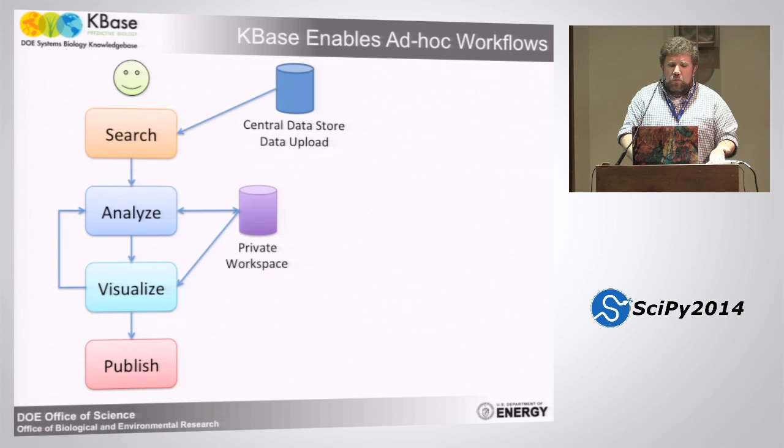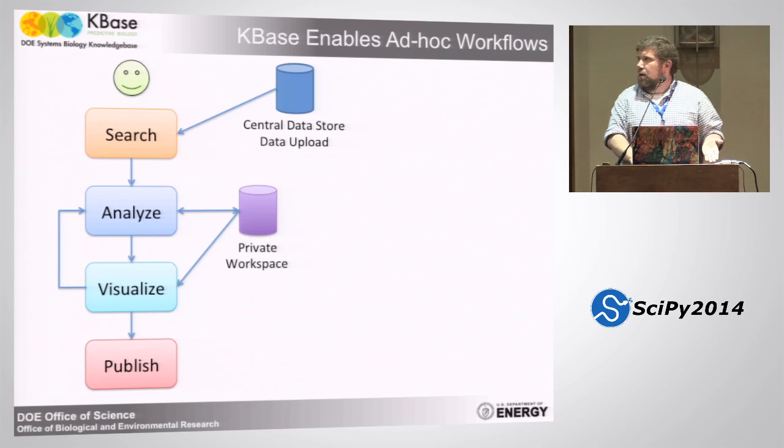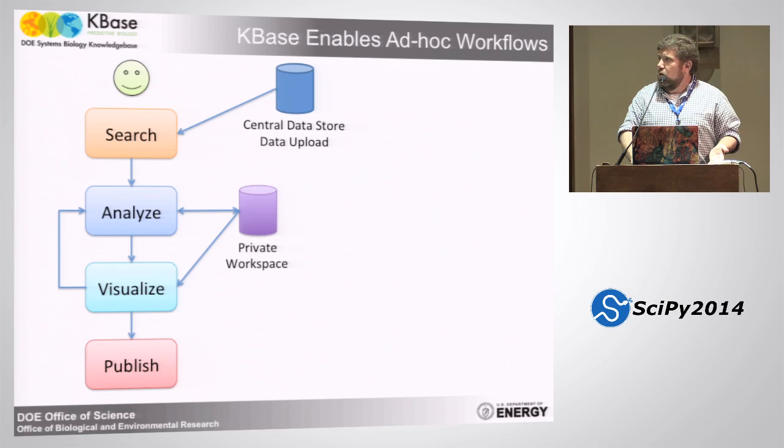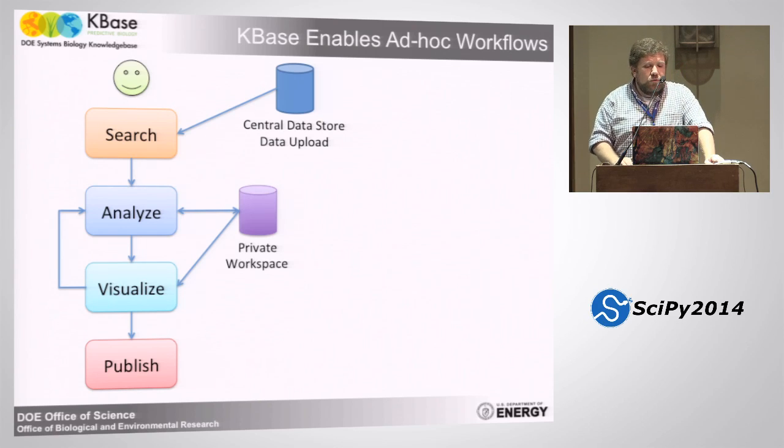So how do we do that? KBase enables ad hoc kinds of workflows. So if we have a single user doing a single pretty linear workflow, you might search for data, particular data, say sets of genomes and so on, from our central data store, public data stores, or you might want to upload your own data.